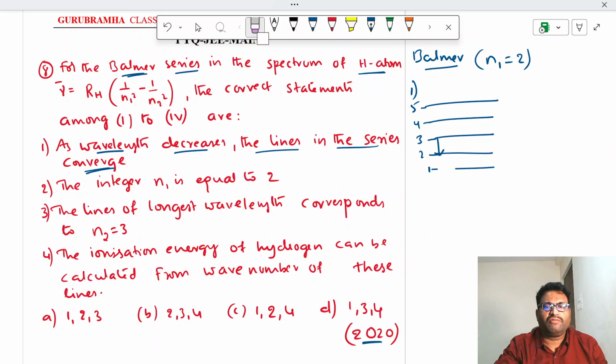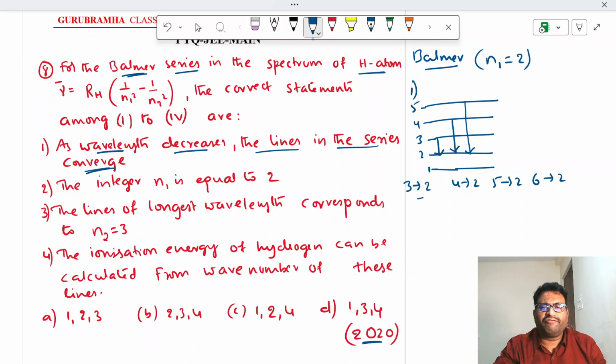The next one is 4 to 2, the next one is 5 to 2, and in this way 6 to 2.